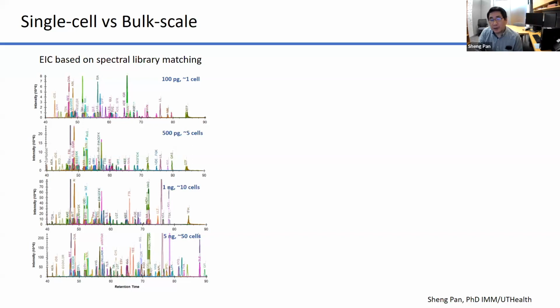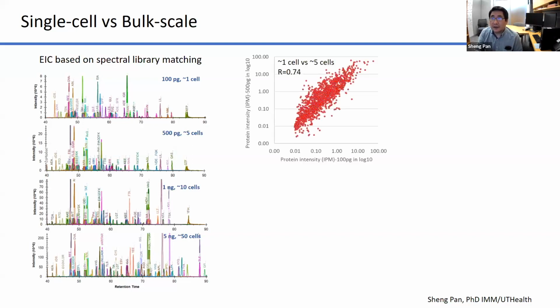The first question we asked is why we are doing single cell analysis. Is there any difference between single cell data and bulk scale or pseudo bulk scale analysis? We plotted the abundance of the proteins identified in a single cell against the proteins identified in 5 cells, and you can see quite nice correlation.